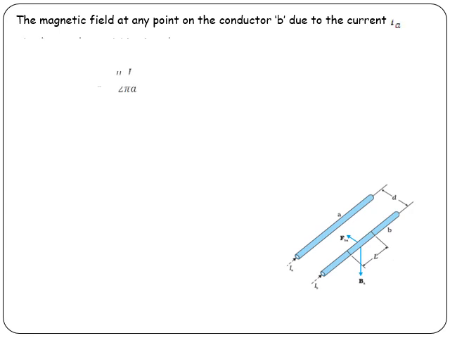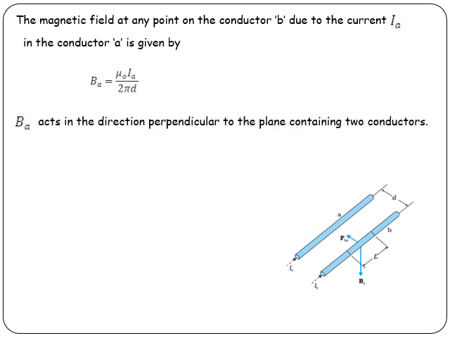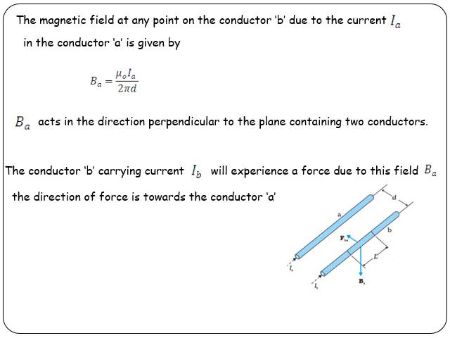So let us see what is the magnetic field at a point on conductor B due to current IA. Magnetic field BA is equal to mu naught IA divided by 2 pi d. This gives rise to a force FBA. Force on B due to A is equal to BA IB L sin theta.